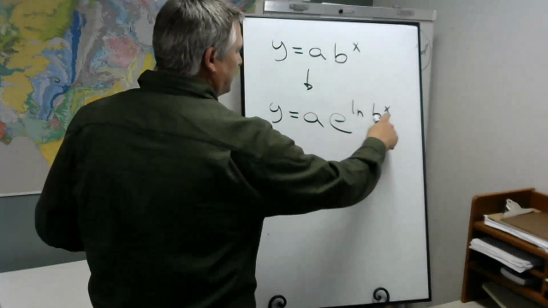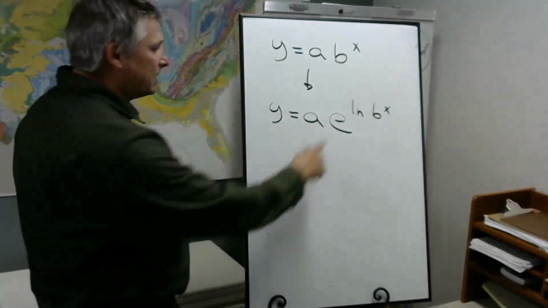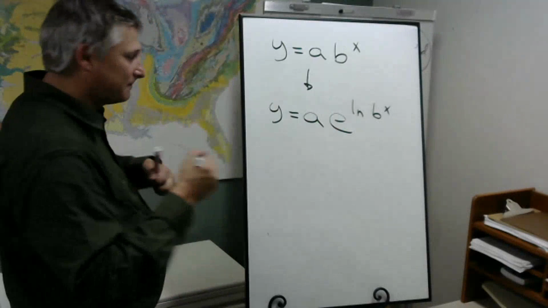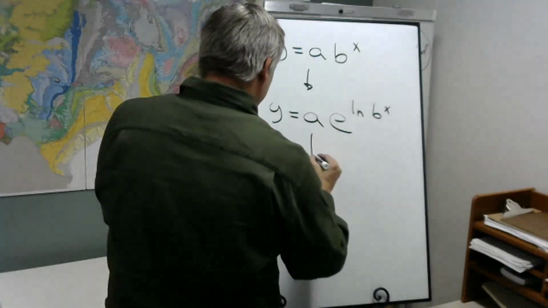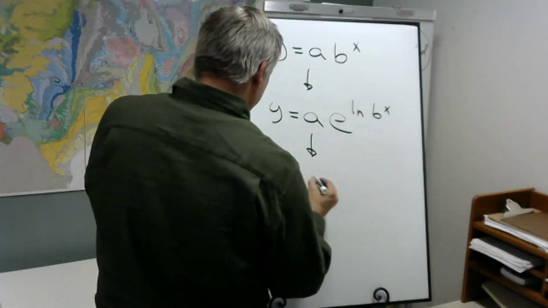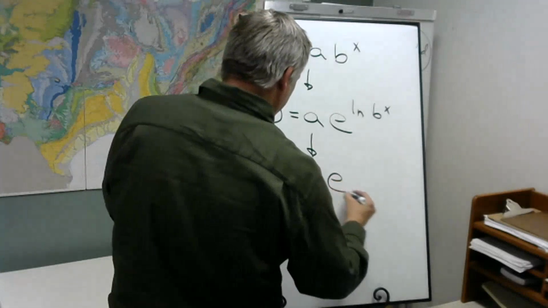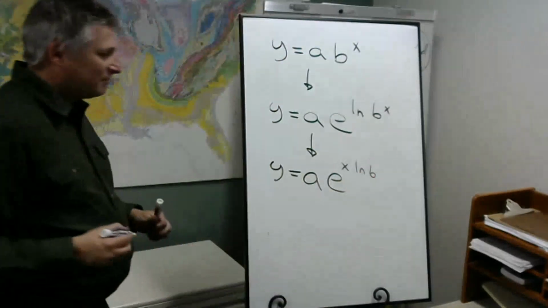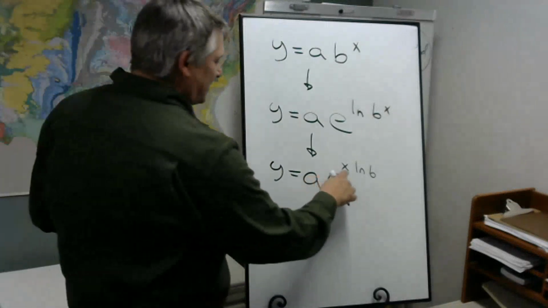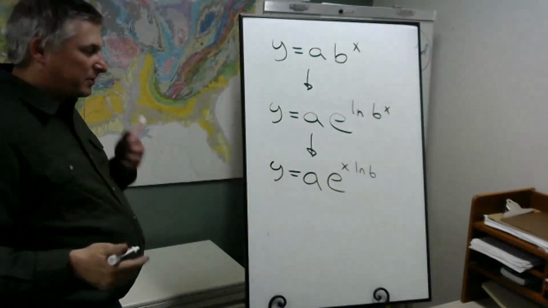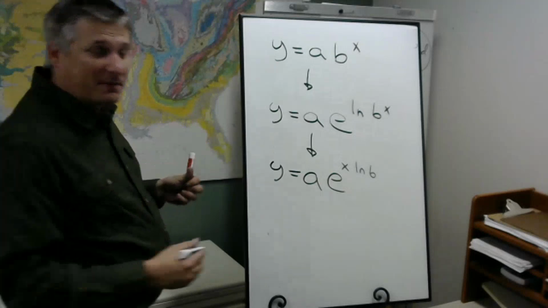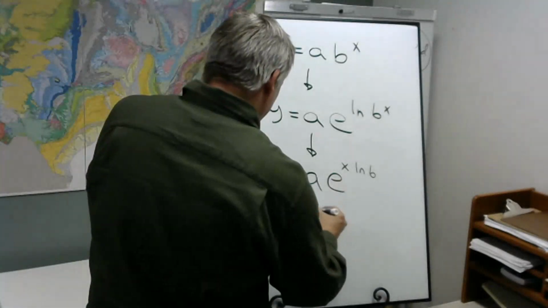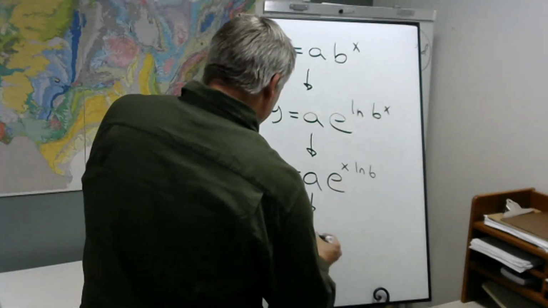The log of something with an exponent makes the exponent hop down in front of the log. And now, since this is x times ln b, we can switch the order, because with multiplication, the order doesn't matter. And so what we get is this.